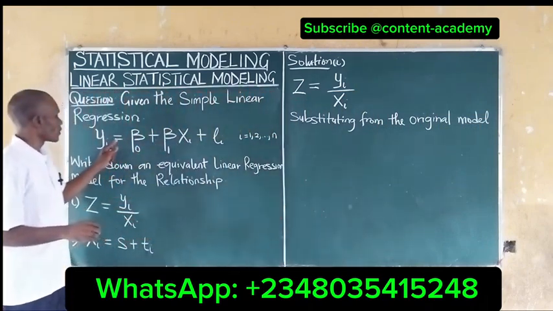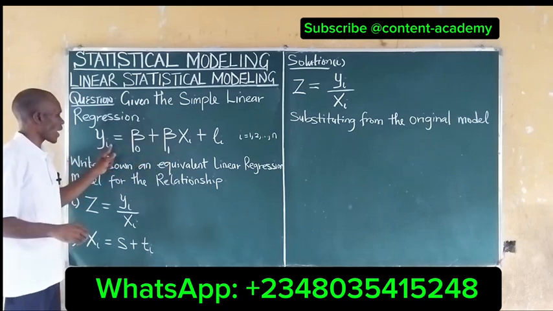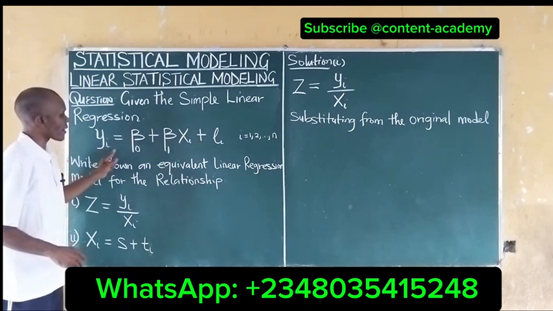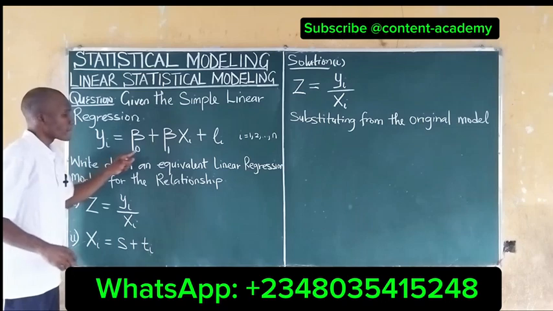Where is the original model? This is the original model, and we have that y is equal to the whole of this. So whenever we see y_i, we put the whole of this model.